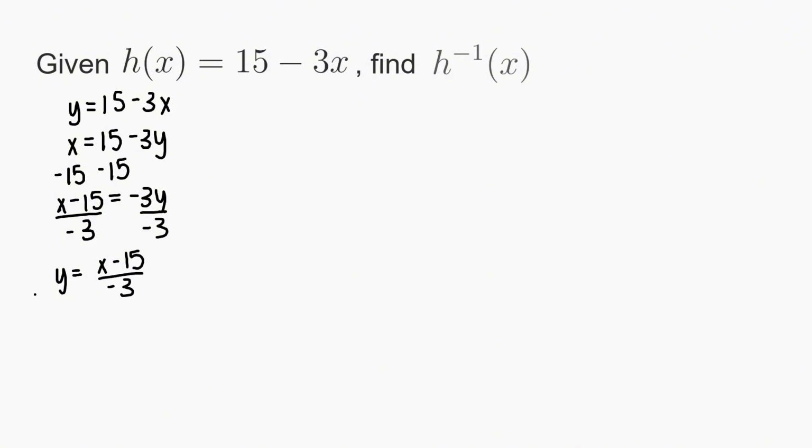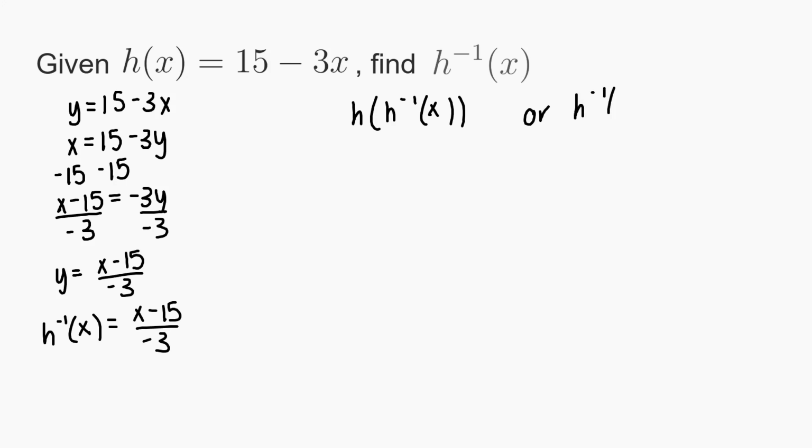Now, our last step is to replace y with the inverse of h. So h inverse of x is x minus 15 divided by -3. Now, to check our answer, we can find h of h inverse first, which we know should equal x, or this composition.